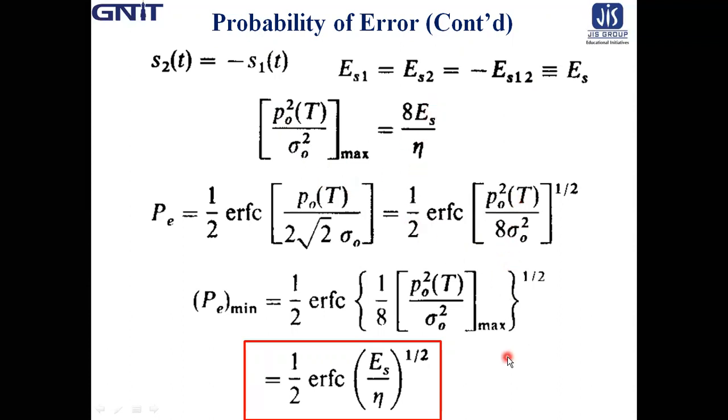Now 8 cancels. Ultimately we get E_S by eta to the power half. So the minimum error probability for the matched filter is half erfc of (E_S by eta) to the power half.